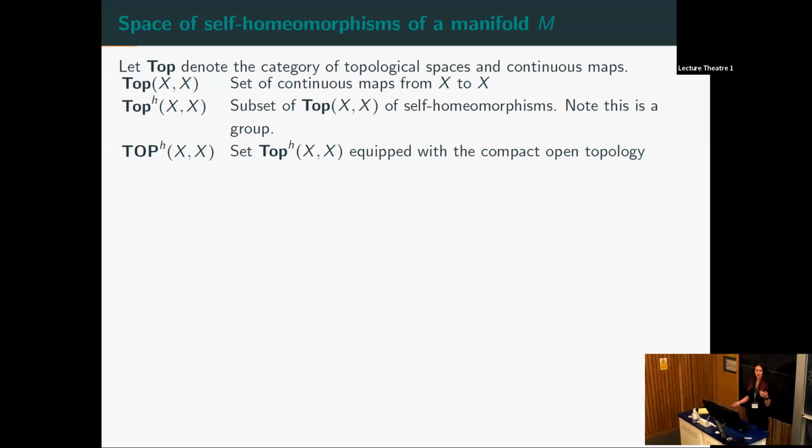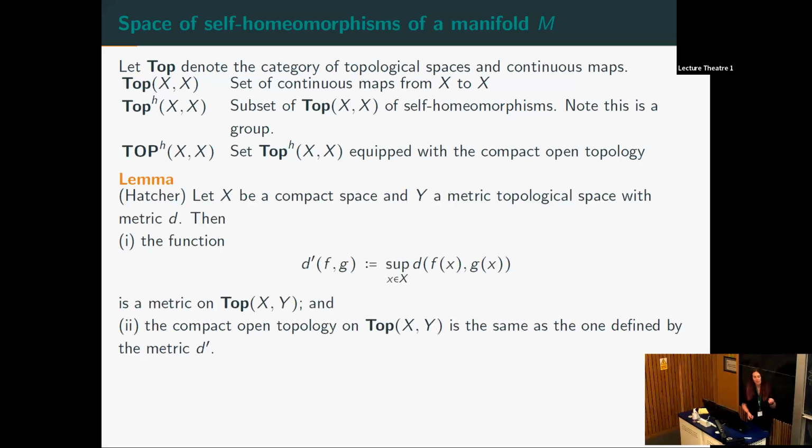I guess not everyone is familiar with what the compact open topology is. I'm not explicitly going to go through the definition of this, but I'm going to write this lemma, which I think gives some kind of intuitive idea.